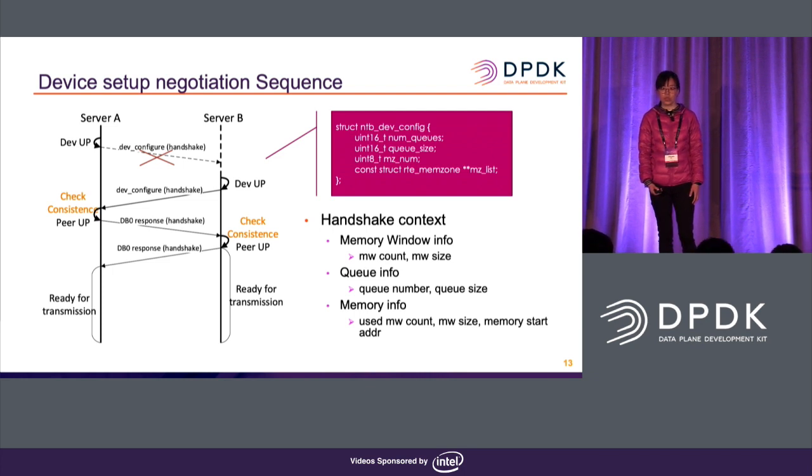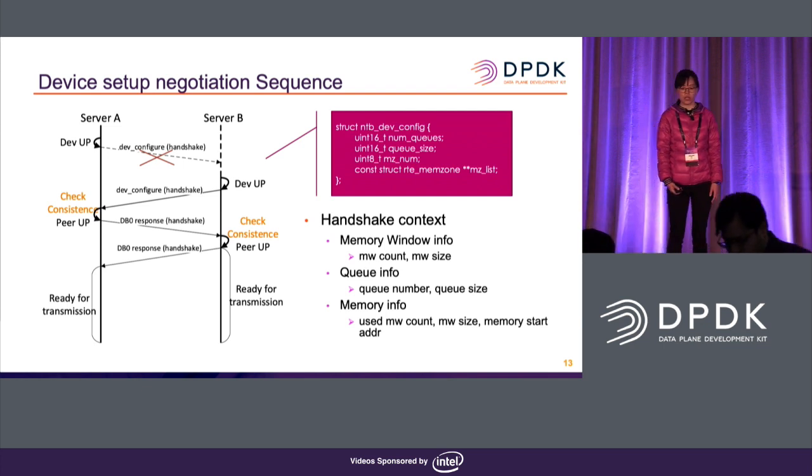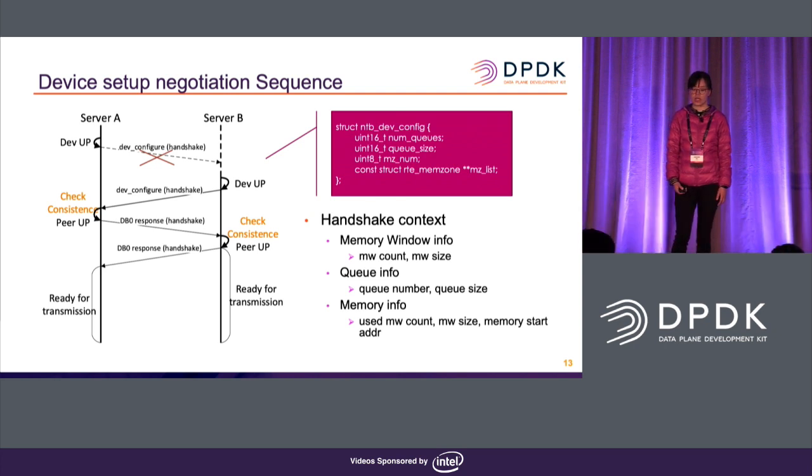We also need to sync some device attributes with each other, such as how many queues we support, what the queue size is, how many memory windows are supported, what the memory window size is, and what local memory address you are going to map to each other. After that, the device is ready for transmission. All of these things are done in the device config operations.